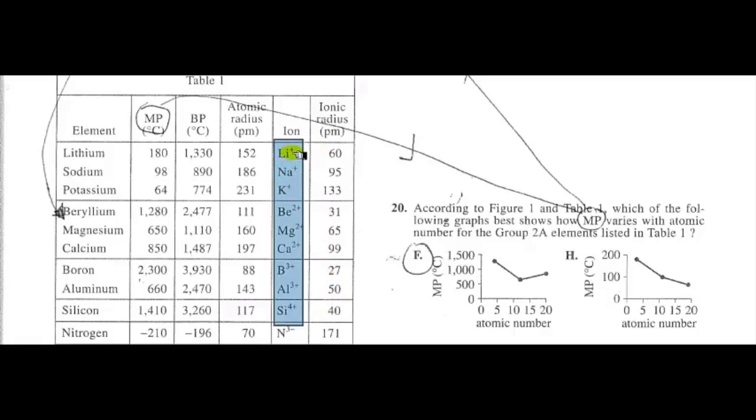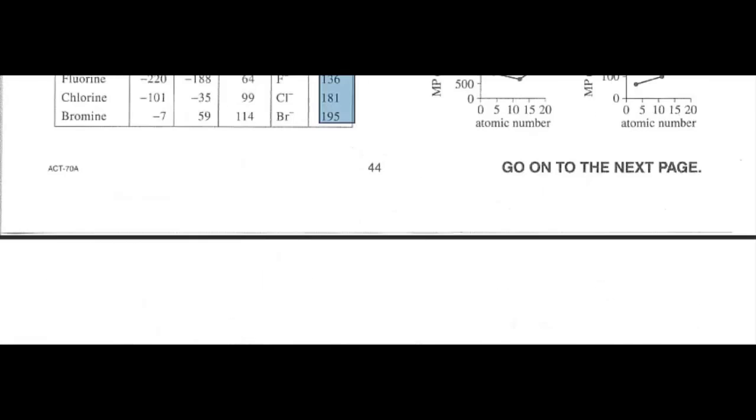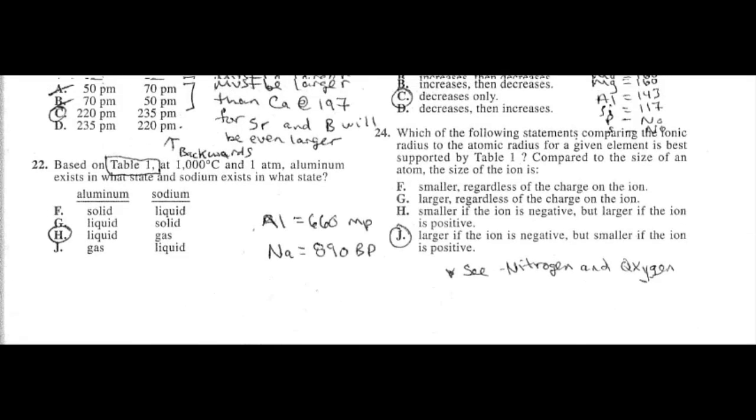That's when these numbers are positive. We switch when these numbers become negative. These numbers will be small for the atomic radius of an atom, and the ion radius will be larger in the negative ones. That's restated for the correct answer in problem number 24, which is answer choice J.